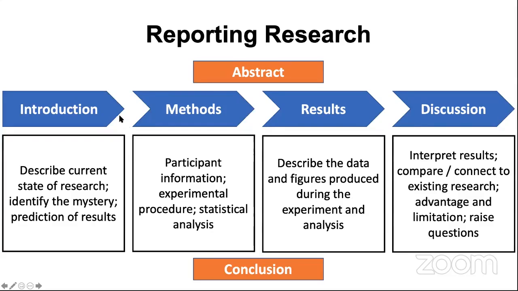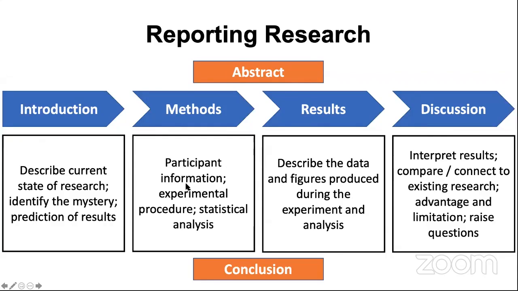After you've determined your research question, you will need to find ways to explore this question and arrive at your answers. And this overall procedure can be documented within the methods section, where first of all, we will talk about the participant information. This is something really common with human research.